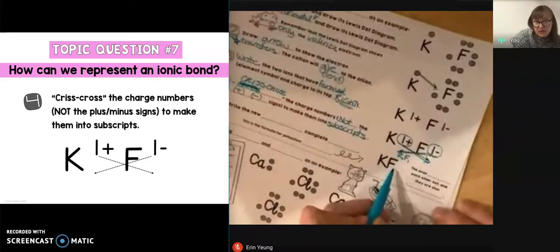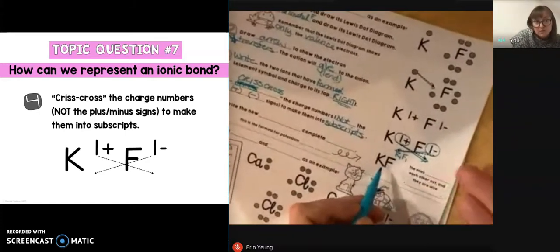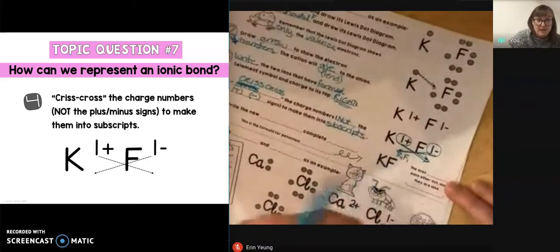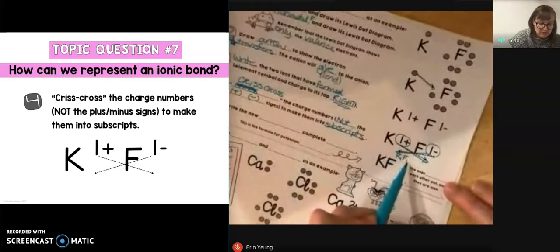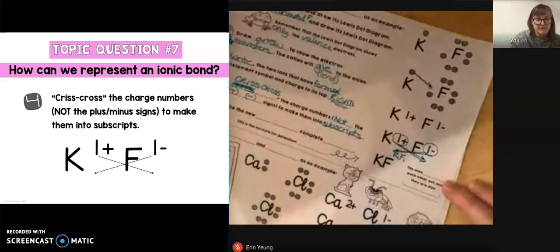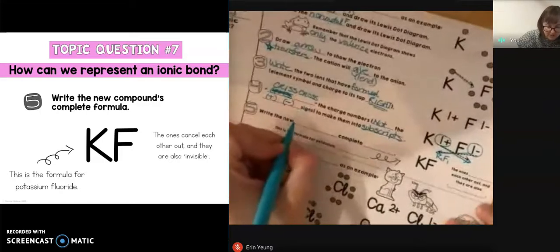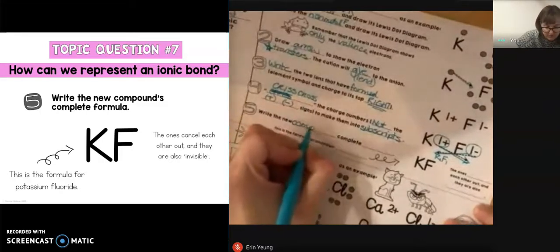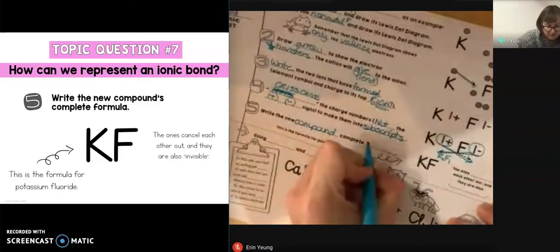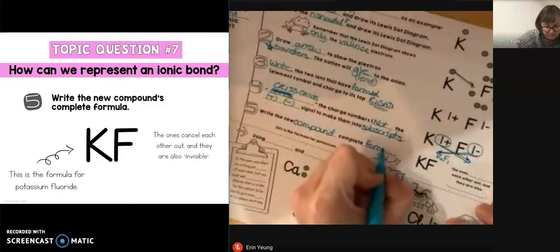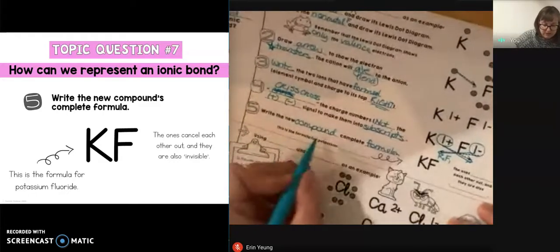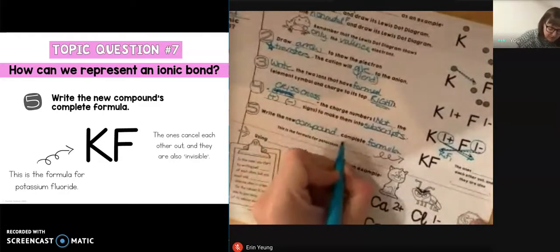And if you've written the F, there's 1 of those there. So because they're there, you don't need to write the ones. So this is our new compound, and the formula is completed. And here's the thing. So this is called potassium fluoride.